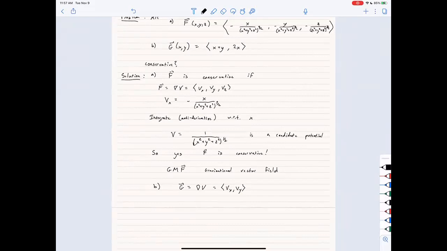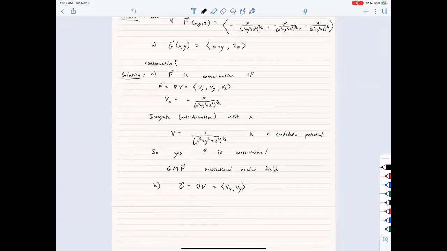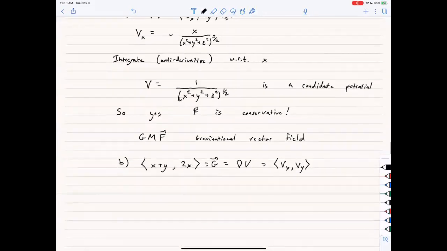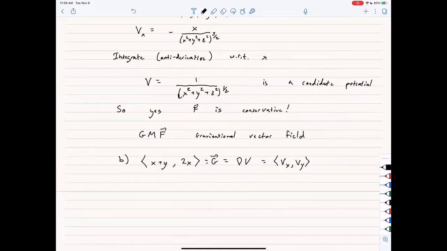For this one, let's assume we've solved this. What happens if we take the derivative? So this is G. Let me move it over a little bit. Okay, this is G. Now, let's take a look. What happens if I take the partial with respect to y of Vx? So I'm taking the partial of this with respect to y.